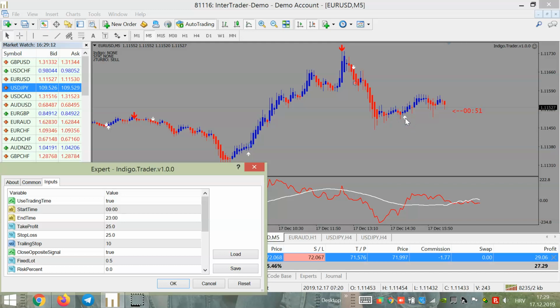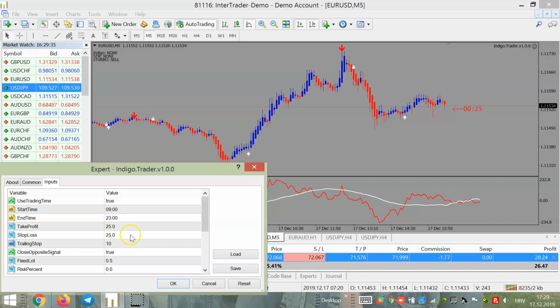So this is a fantastic opportunity to take maximum pips, maximum profit for one trade. Also, you can put take profit and stop loss according to your desire. It's up to you, I cannot tell you.